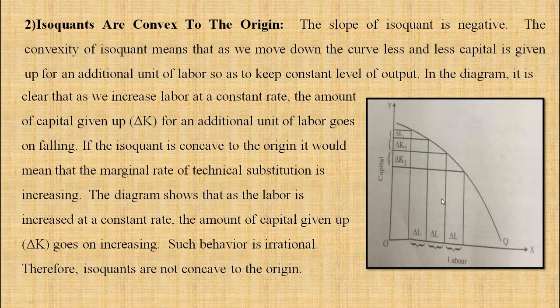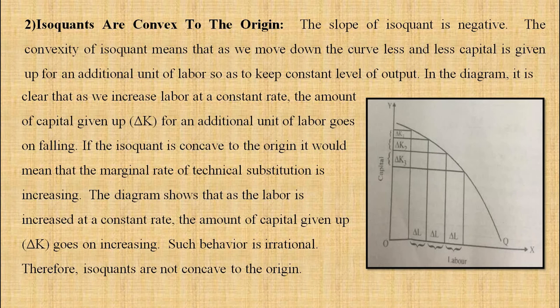To keep the constant level of output, in the diagram it is clear that as we increase labor at a constant rate, the amount of capital given up, delta K, for an additional unit of labor goes on falling.